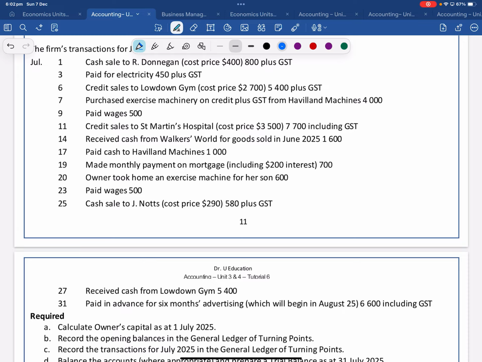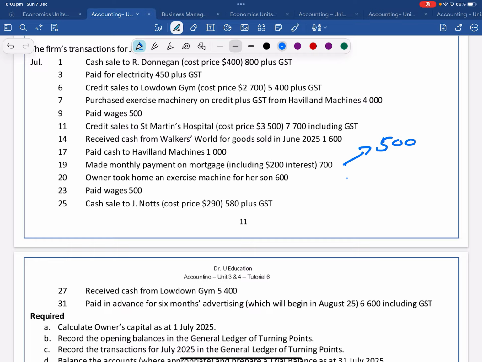So how much has been paid? 700. It includes 500 for the mortgage and 200 for the interest. So it is subdivided into two parts. You record 500 in the mortgage.